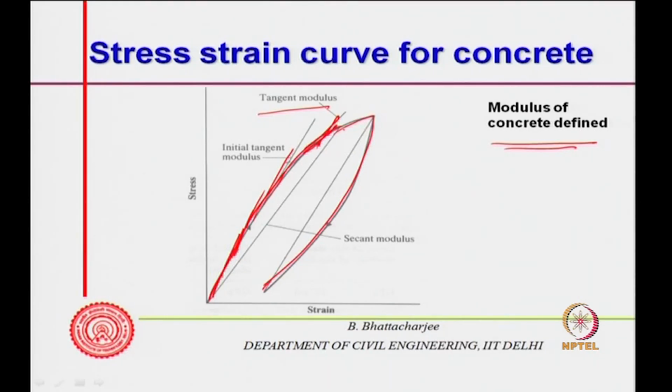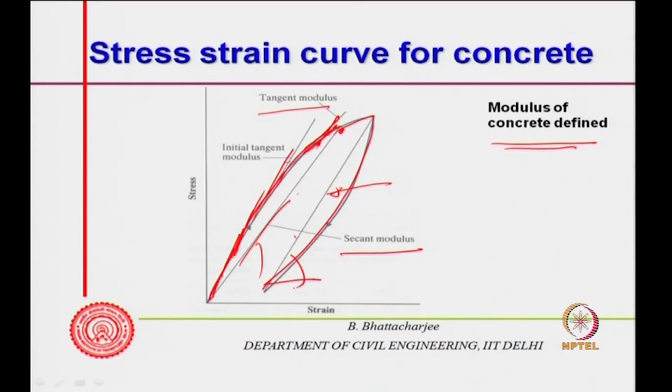But I can join the origin with this point and I get another modulus, the slope of this line, and that we call a secant modulus. And while returning, I can also calculate the same secant modulus from this point, the slope of this line.